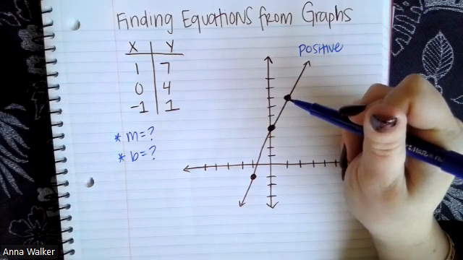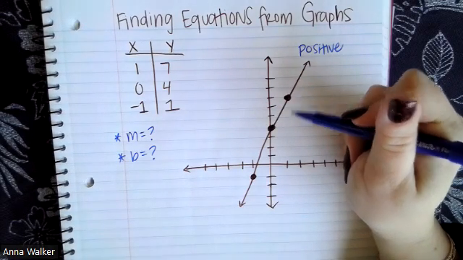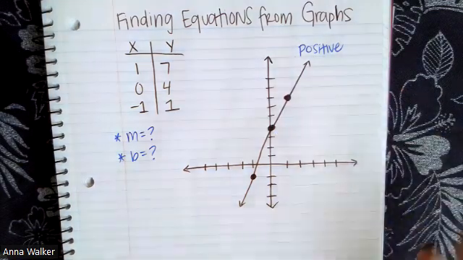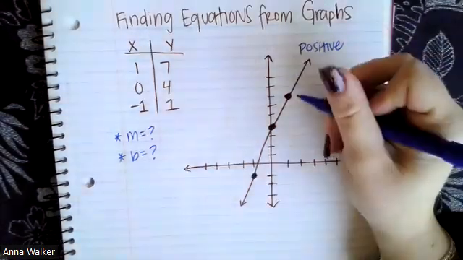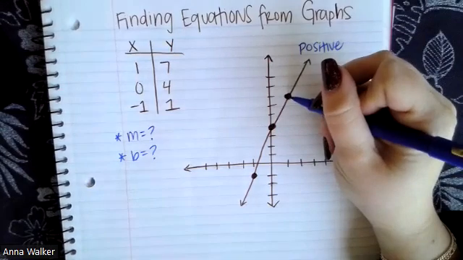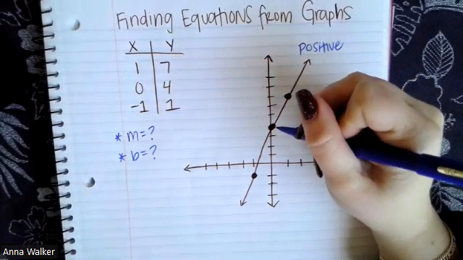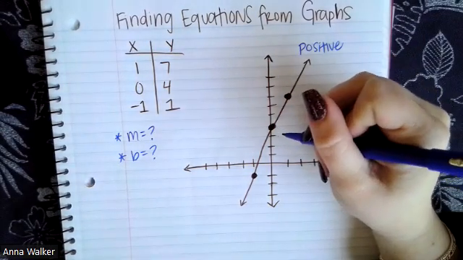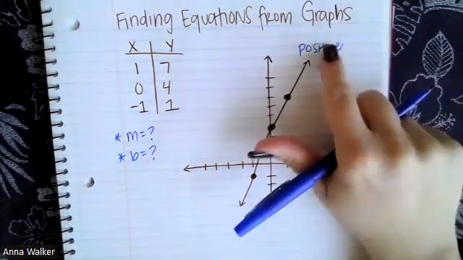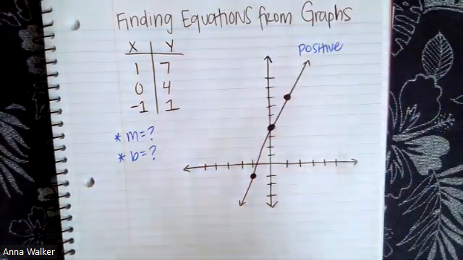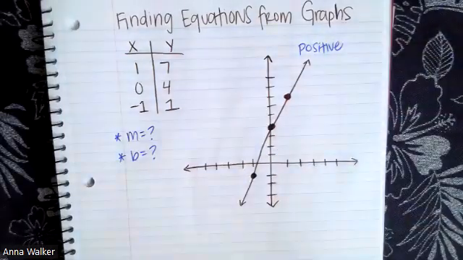If this was a negative line, it would have to go down and then over, kind of like what happened in our previous lesson. You can still calculate the rise over the run, like go down and over to figure out how you get from this point to this point. But you need to bear in mind that it's not going to be a negative. It's still going to be a positive number because the whole entire line is a positive slope.